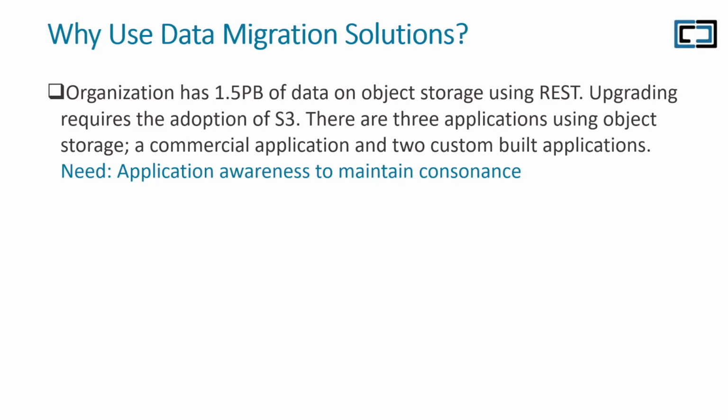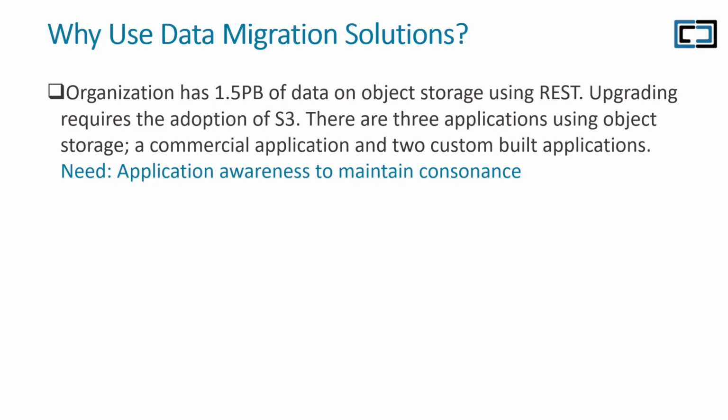And so when you migrate the data from REST to S3, let's say, you need to accommodate those differences and transfer and transform the data, which is more of the metadata attributes type of things, into how that application would write to S3, for example. So this is what we call application awareness and maintaining application consonants.